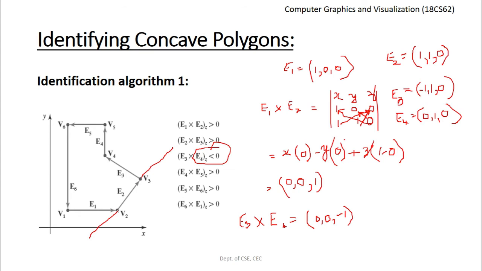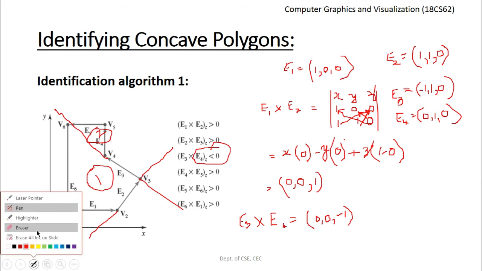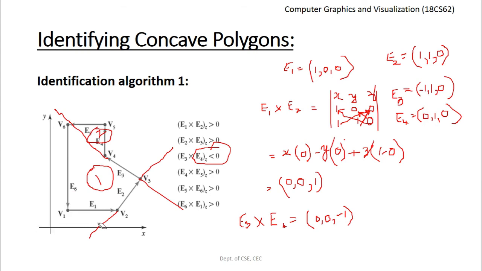This edge does not give us any results, so let me just extend this edge. If I extend this edge V3, V4, what you can find is one part of the polygon is below this edge and one more part is above this particular extended edge. So this is one more way to determine if it's a concave or a convex polygon. The first method is finding the cross product of the edges, what we did just now.